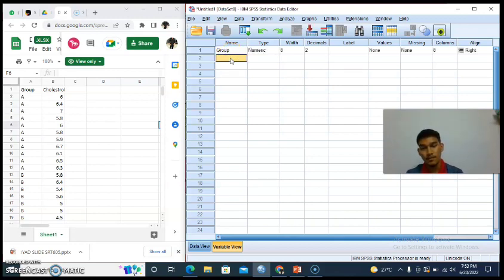Second, we write cholesterol_level. Next we go to decimals. For group we use 0, and for cholesterol level we use 1.